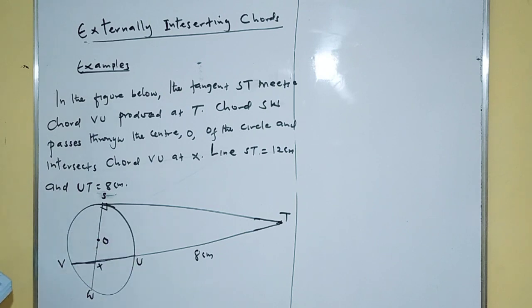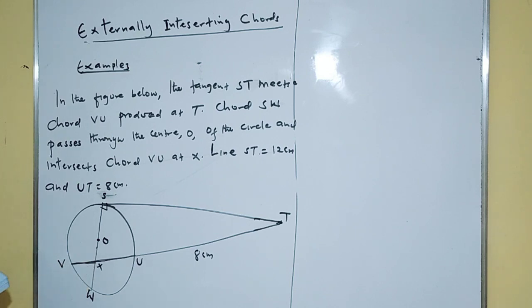You're told the tangent ST meets VU produced at point T. Chord SW passes through the center, this is O, of the circle and intersects chord VU at X.